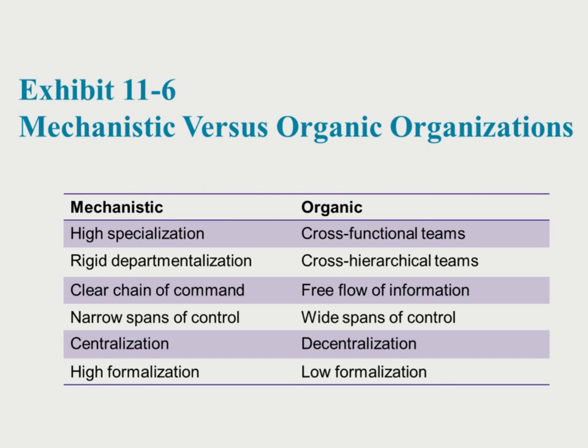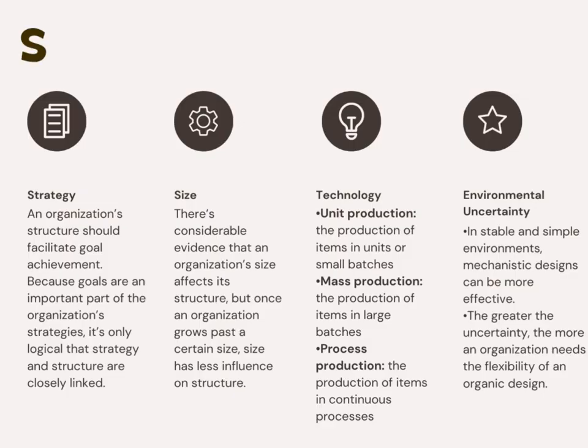But if you're looking for a lot of structure, a lot of people thrive in structure, and you're looking for less responsibility because you don't have as many decisions to make, then maybe you'll work for a more mechanistic organization.